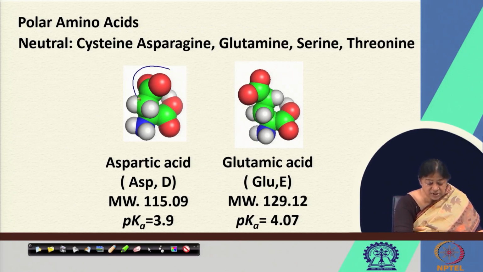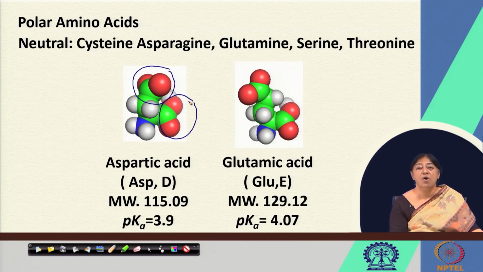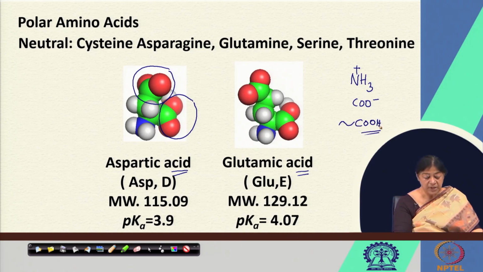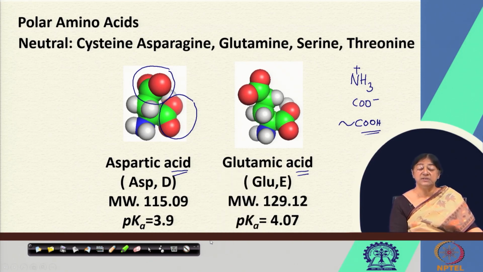We see that there are a larger number of red atoms, meaning a larger number of oxygen atoms, simply because these are the acidic amino acids, which means that apart from the NH3 plus group that every amino acid has, apart from the COO minus group that every amino acid has, this has, in addition, a side chain that is also acidic.